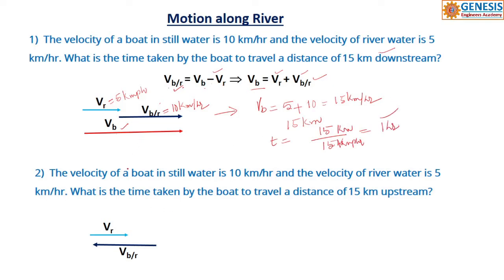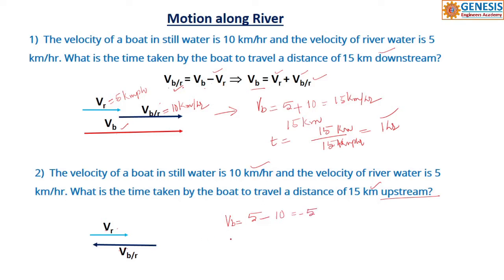The velocity of the boat in still water is 10 and the velocity of the water is 5 kilometers per hour. What is the time taken by the boat to travel a distance of 15 kilometers upstream? It is the same thing. You can take the velocity of the boat as VBR minus VR, that is 5, because it is in the opposite direction, so you can take it as minus 5.